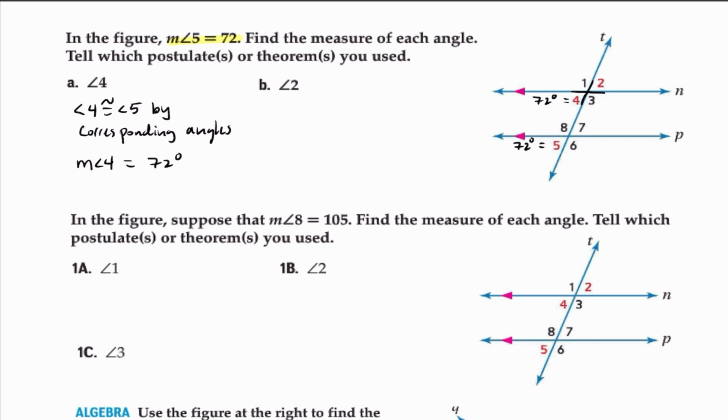So I can say angle 2 is congruent to angle 4 by vertical angles. And if the measure of angle 4 is 72, then the measure of angle 2 is also 72 degrees.